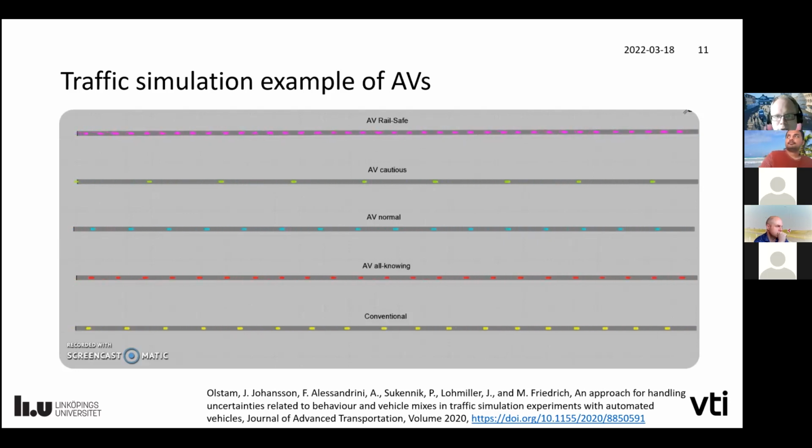The normal was the idea of saying, okay, something like a human driver behavior, but with maybe parallel perception, shorter reaction times, but maybe with more limited possibilities to know what happens further ahead, where an experienced human driver could maybe do better. And the all-knowing was this, in principle, fully connected knowledge about everything around it, so it could try with very short time gaps.